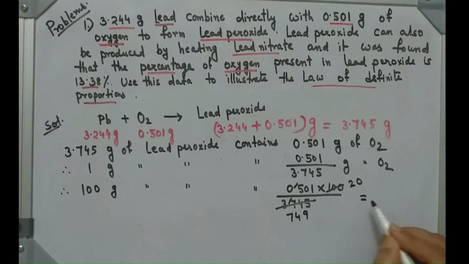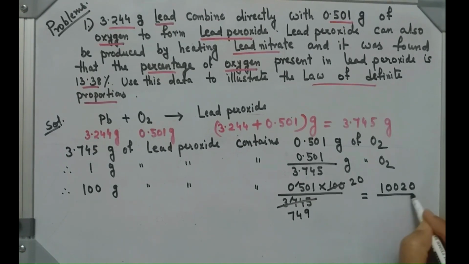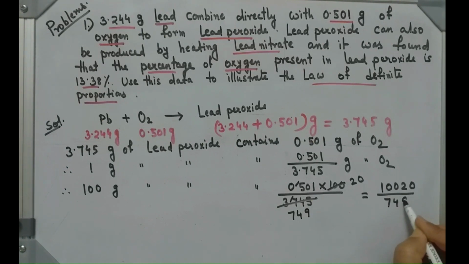By simplifying, we can write here, if we multiply these two and divide by this, we will get around this many grams of oxygen.